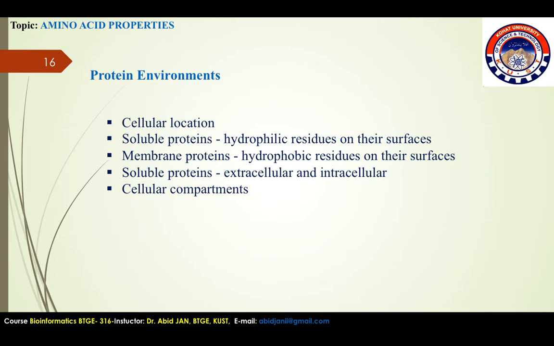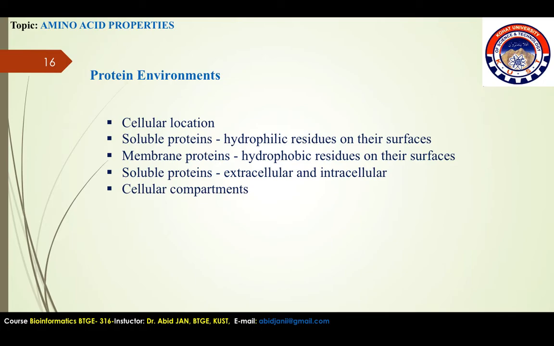Cells also contain numerous compartments, the organelles, which can also have slightly different environments from each other. Proteins in the nucleus often interact with DNA, meaning that they contain different preferences for amino acids on their surfaces.